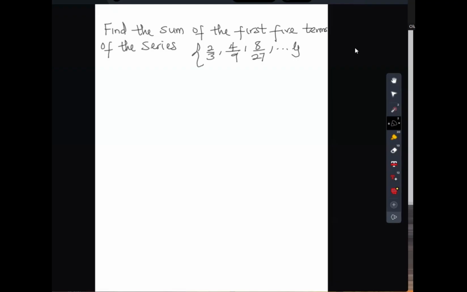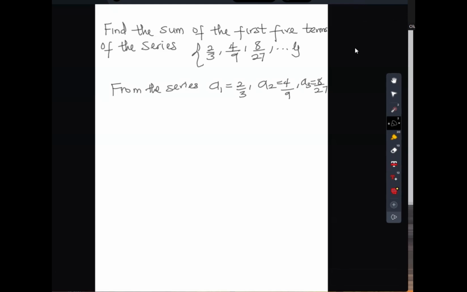From the series, we're given that A1 is 2 over 3, A2 is 4 over 9, and A3 is 8 over 27.